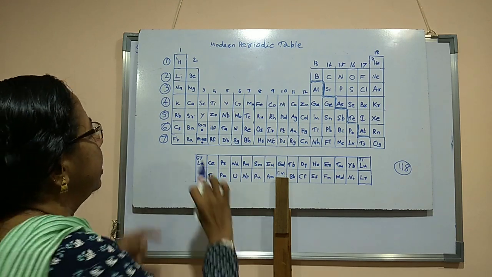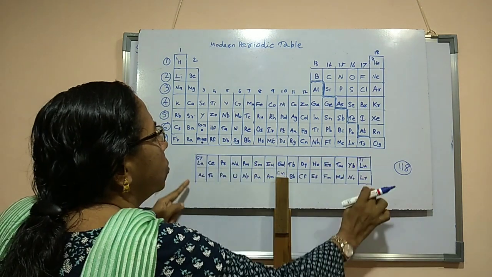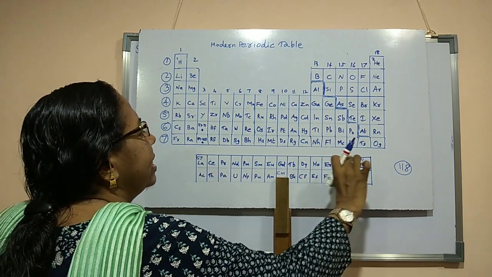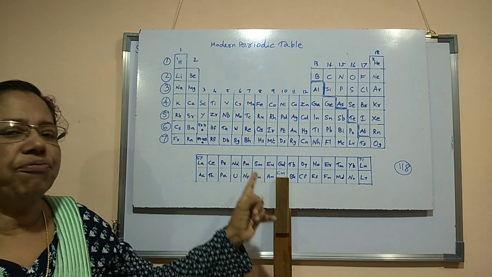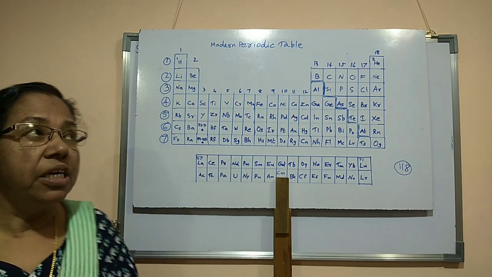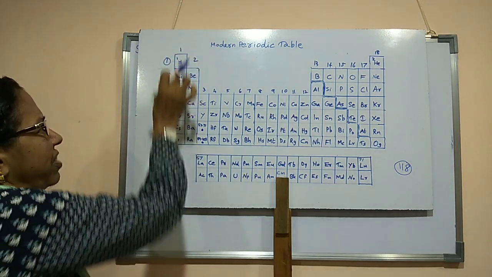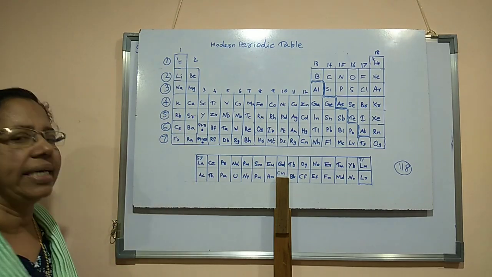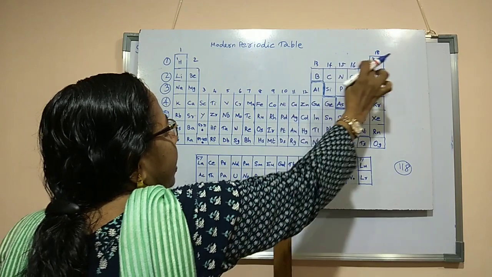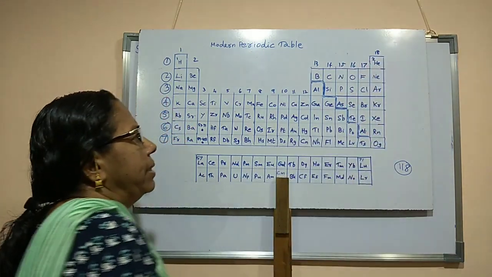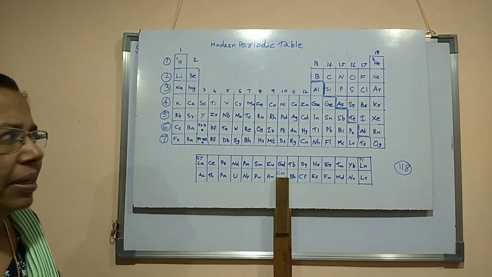Now another question: here two rows specially arranged, the elements are known as F block elements. So the first two groups of elements are known as S block elements, and the last, groups 13 to 18, are known as P block elements.